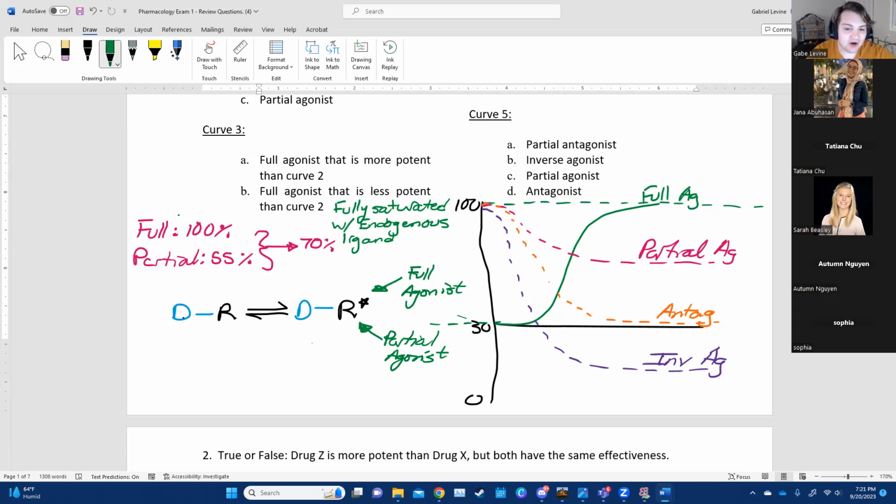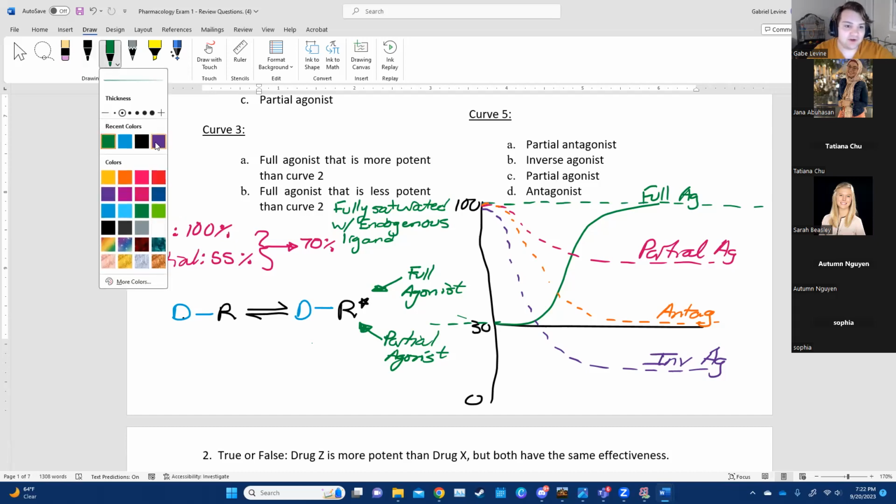So in other words, a partial agonist has pretty good affinity for both. It prefers the active, but it's not going to shy away from inactive. Versus a full agonist is just going to go after this guy. And there's a problem later where we can talk about that more specifically. But for all intents and purposes, if it's an agonist, it's going after this side of the equation.